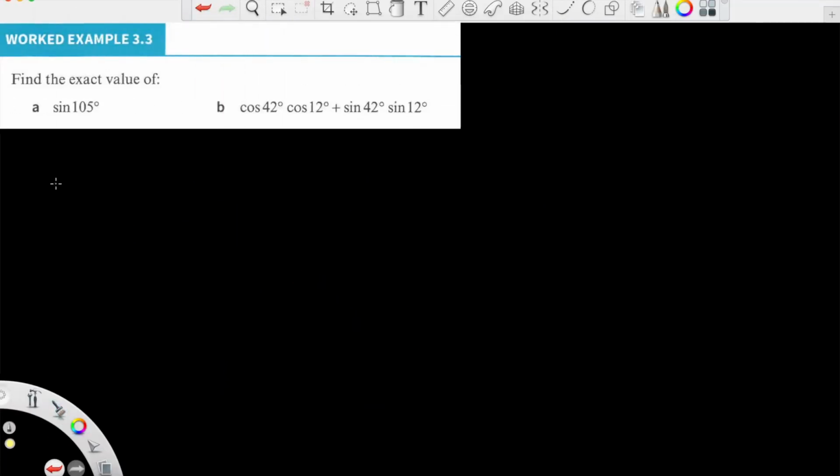Now, for example, you're supposed to find the exact value of sine of 105, which can be written as sine of 60 plus 45 degrees, because we know sine and cosine of both 60 and 45.